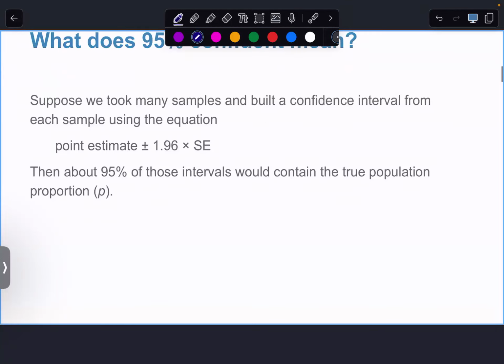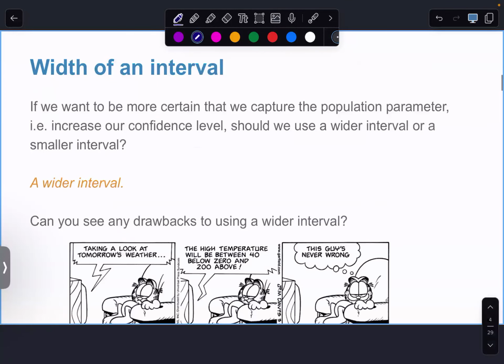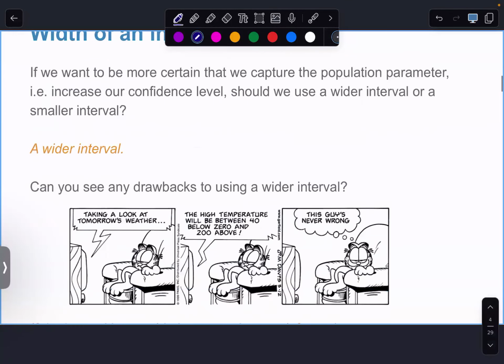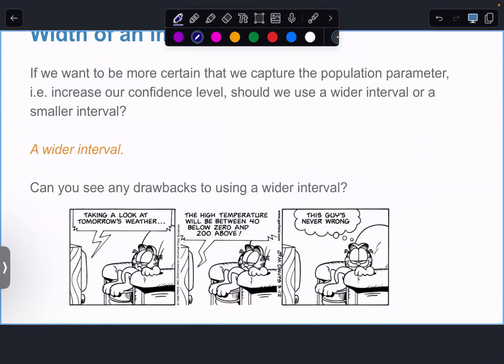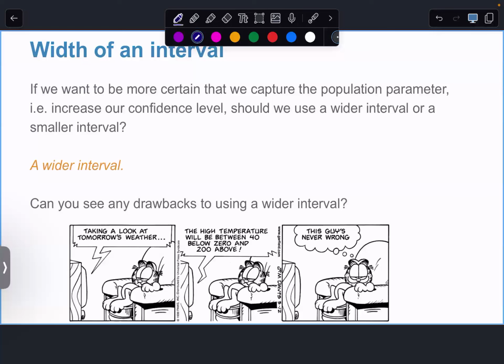Okay. There's a cartoon, so I'm not going to skip through that. If we want to be more certain that we capture the population parameter, increase our confidence level, then we would have to use a wider interval, right?